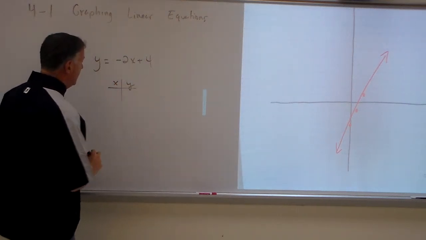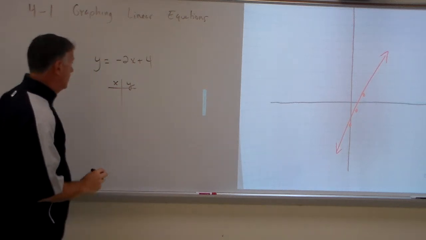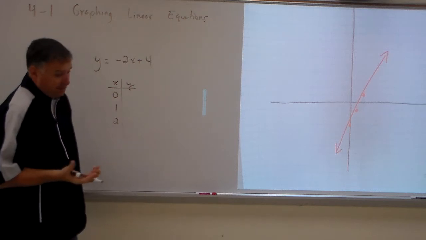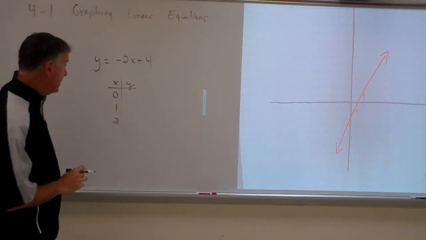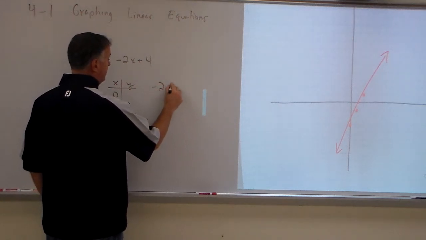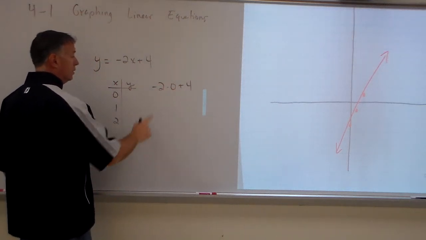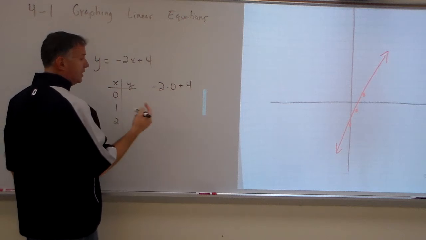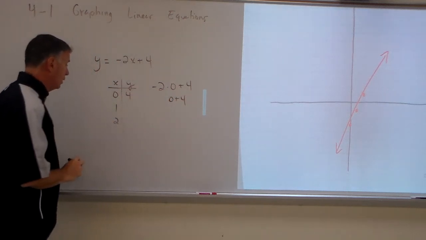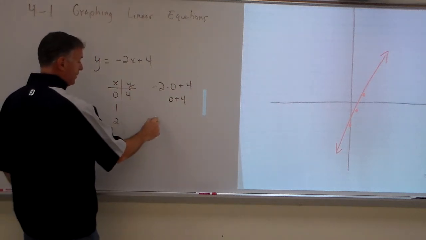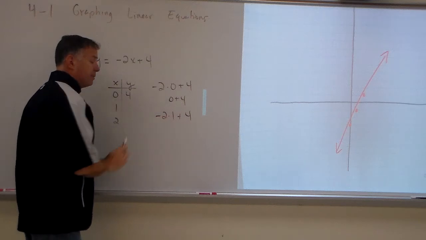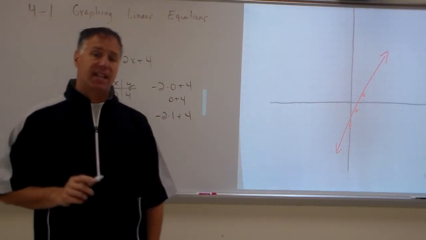X, Y. Let's plug some numbers in. Again, I'm going to pick 0, 1, and 2. Why? Because it's easy. If I can make it easier on myself, I'm going to. Let's plug a 0 in here: negative 2 times 0 plus 4. Negative 2 times 0 is 0, and 0 plus 4 is 4. Now plug in a 1: negative 2 times 1 plus 4. Negative times a positive is a negative.